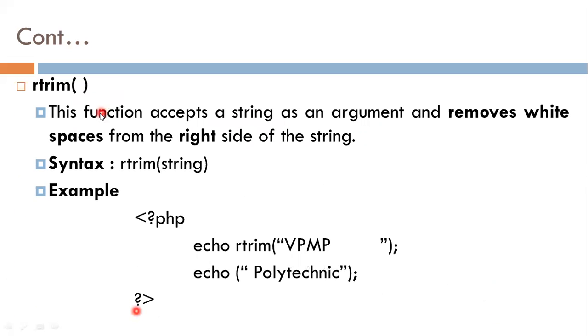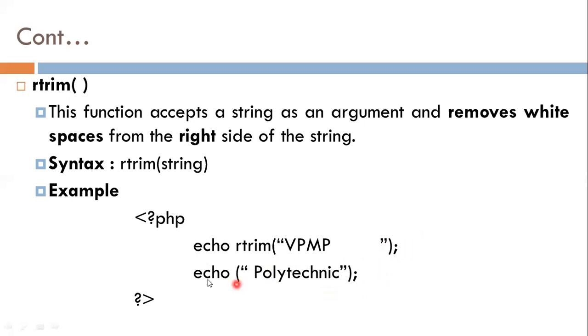Now next is rtrim. R means right-hand side. Similar to the ltrim function, this function accepts a string and removes white space from the right side of the string. Syntax is rtrim in brackets string. Example, here I write the same example, echo rtrim function, then vpmp and then give some white space, and then the string is completed.